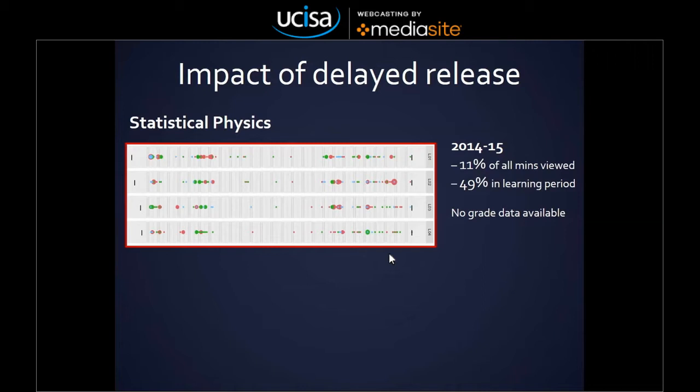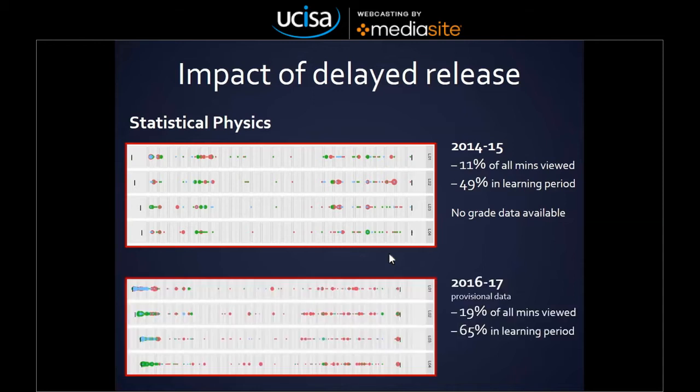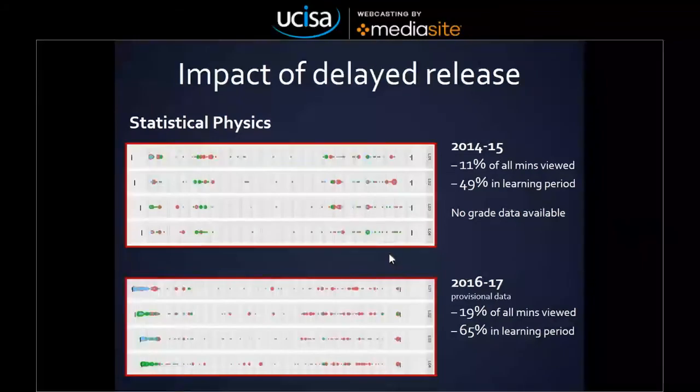We had one particular course, statistical physics, where the lecturer wanted to edit his recordings before he released them. And you can see the line on the left, and then the lecture which is when the lecture was, then the recording was released sometime later. And in this case, these are the statistics, 11% of minutes viewed, 49% in the learning period.